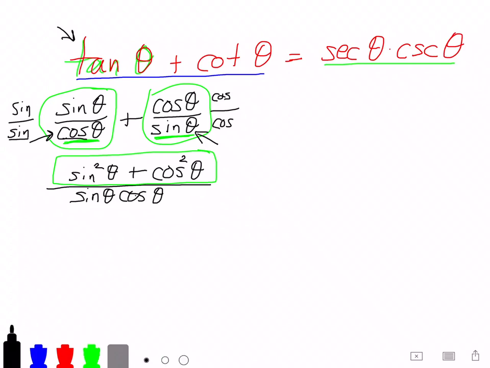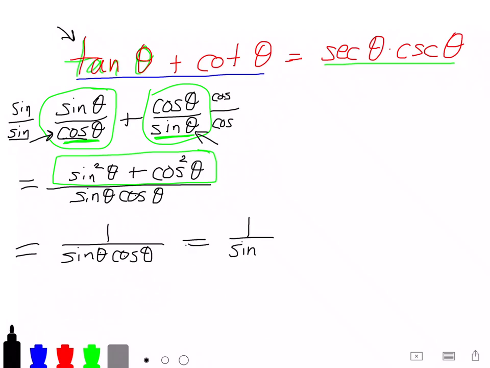So this whole thing now becomes equal to 1 over the sine of theta times the cosine of theta, which is equal to 1 over the sine of theta times 1 over the cosine of theta, which is equal to the cosecant of theta times the secant of theta.